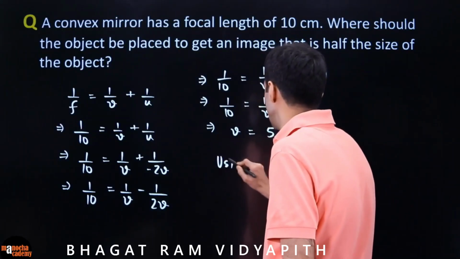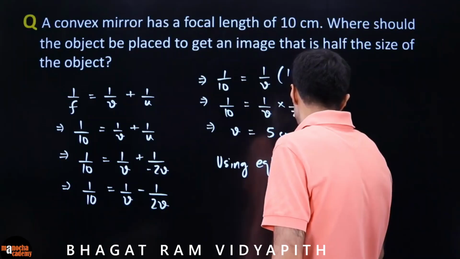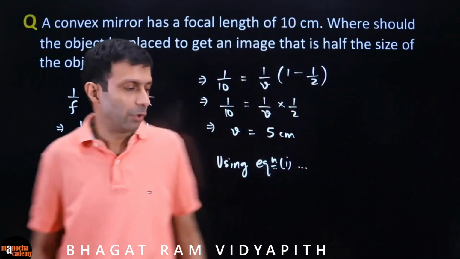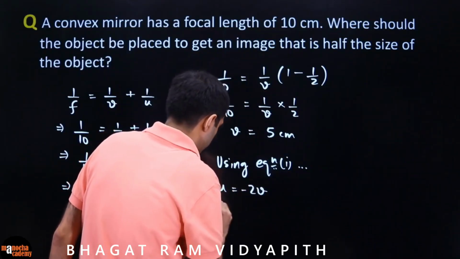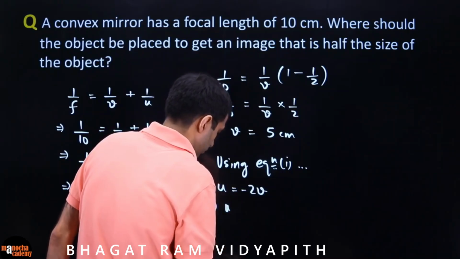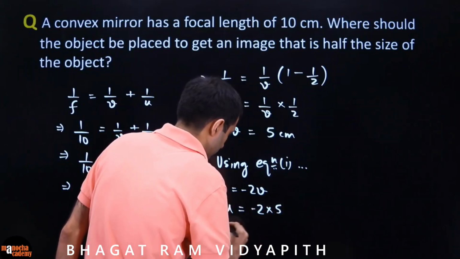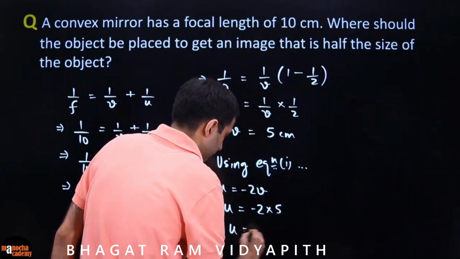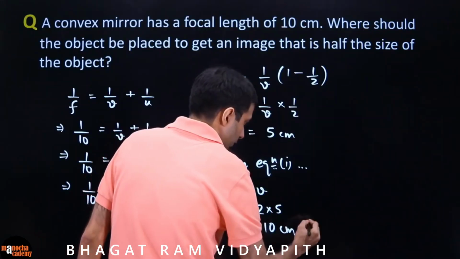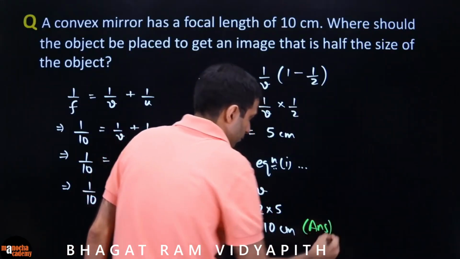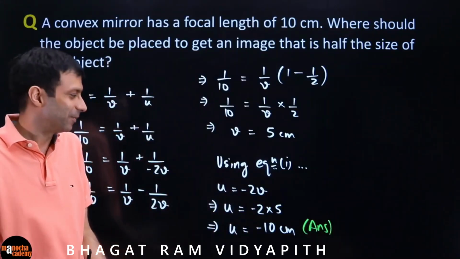So now we can say using 1, u equal to minus 2v. There you go, minus 10 centimeters, and we are done.